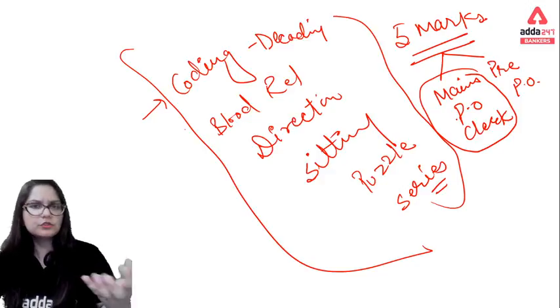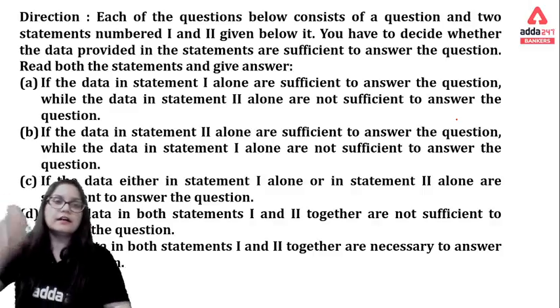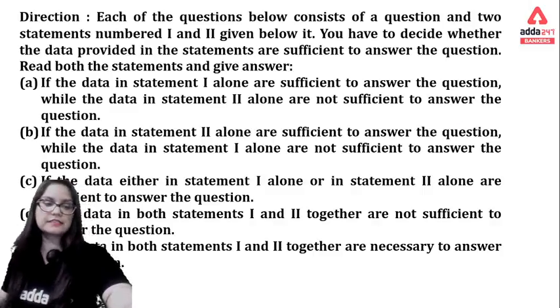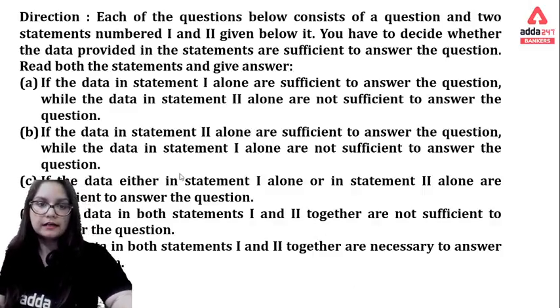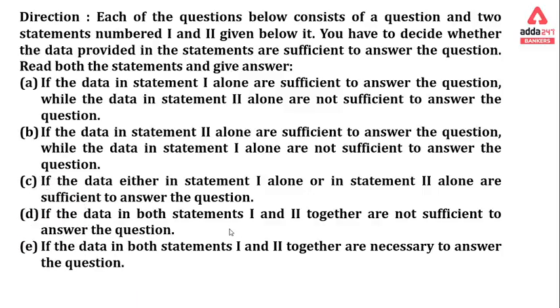So how can you answer the questions of data sufficiency? Let's have a look. I may first hide myself so you are able to see all the instructions clearly. So here I am hidden. Firstly we go with option A, when the required answer to the question can be identified from statement 1 and the second is not required.